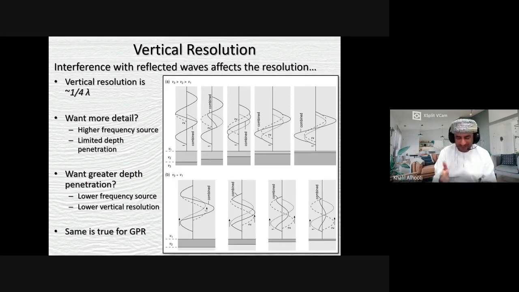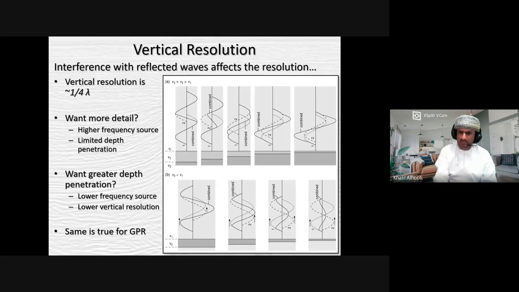Not amplitude, sorry, wavelength. The wavelength is related to frequency. You record them, but they give you a big picture of the earth. They will not give you detailed analysis or detailed resolution. Whereas in seismic refraction, I can send energy because I'm not penetrating the very deep part of the earth.